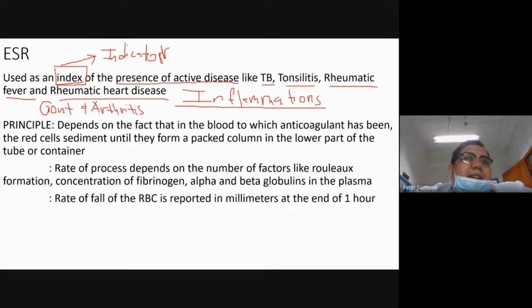Now, your ESR, the principle will depend on the fact that in the blood to which anticoagulant has been mixed, the red cells would sediment until they form a packed column in the lower part of the tube or container.